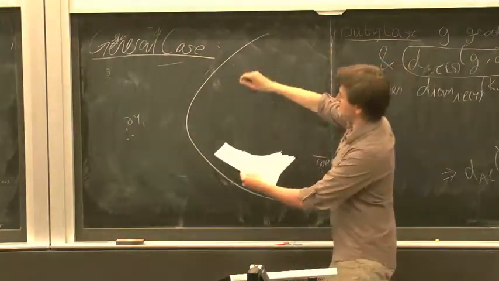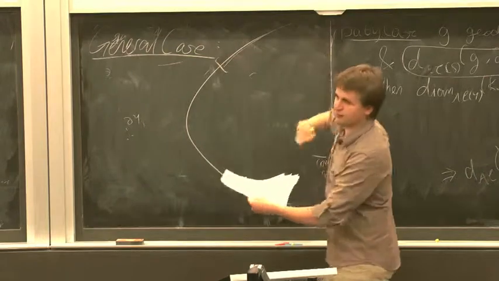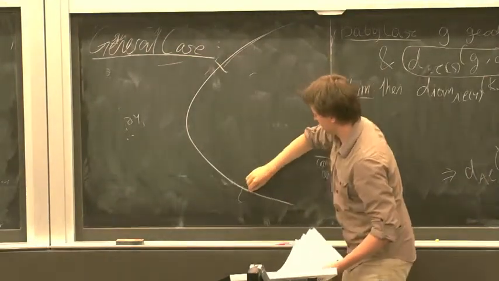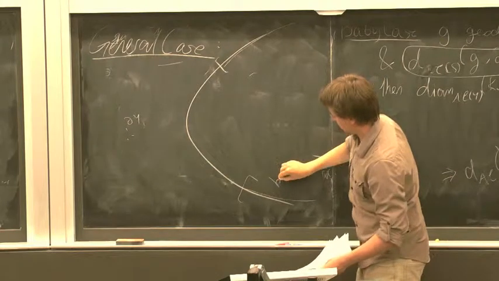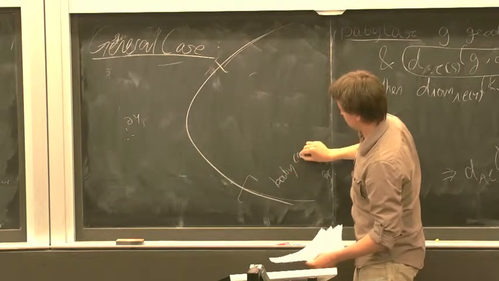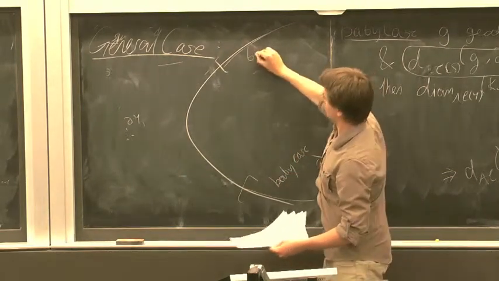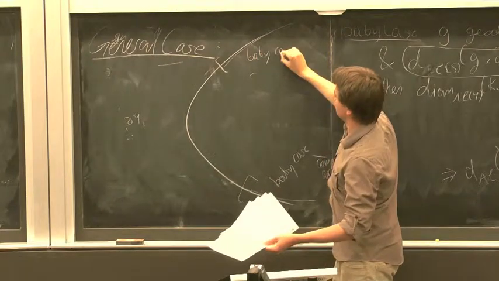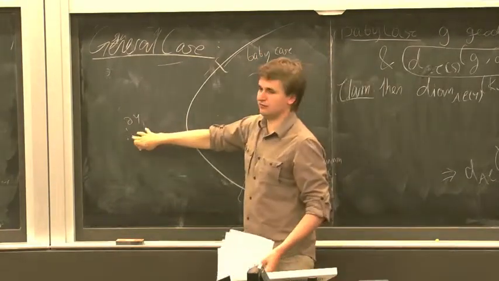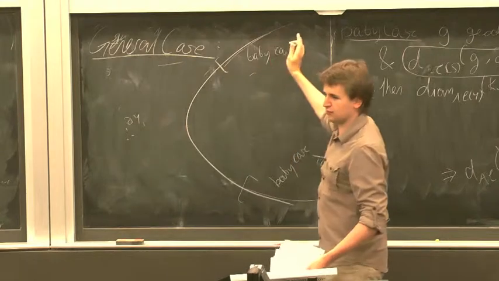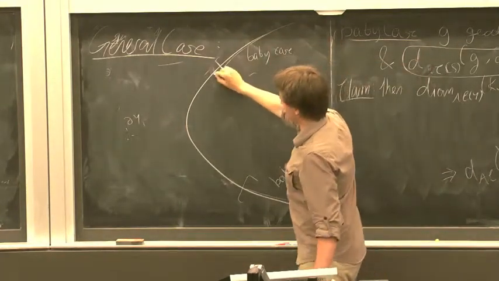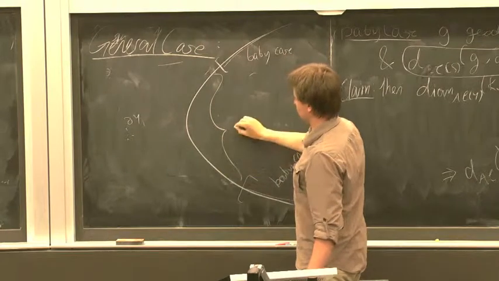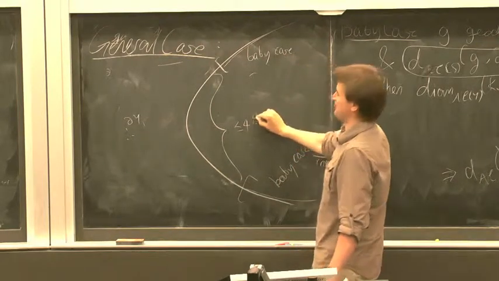You take the tails off here, okay? And the baby case will apply to these tails, because G is a geodesic. It can't hang around the boundary Y forever. It has to go away from Y. And then this bit here I can't control, but I know its length will be at most 44.